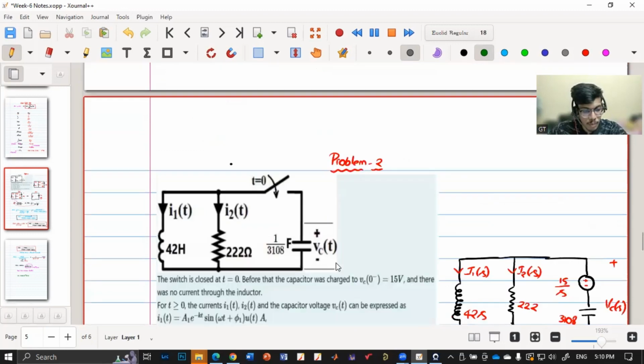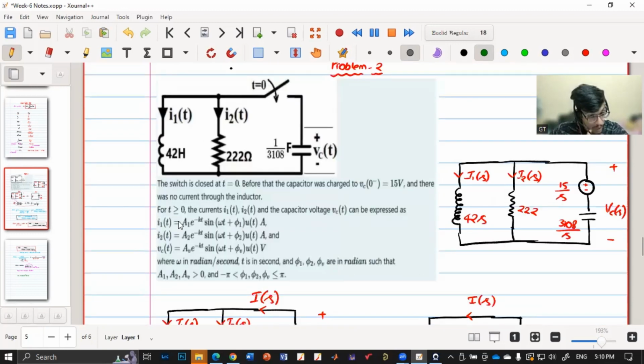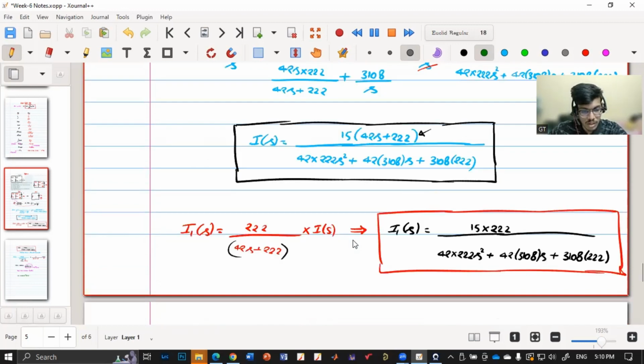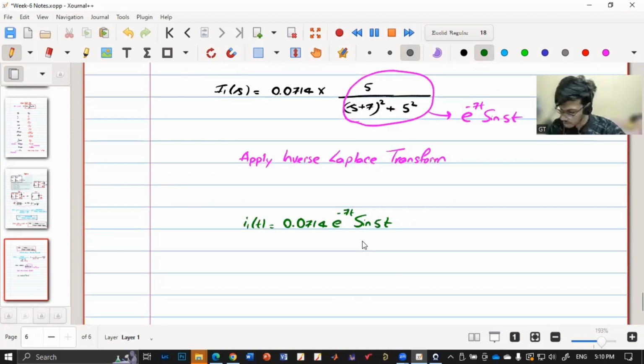So we'll go back to our question. So u of t. I1 is constant into e to the power minus kt sine omega t plus 5 u of t. So yeah, u of t will be there because we are doing for t greater than 0. Then yeah, Neeraj, you are right. So we have to consider u of t.